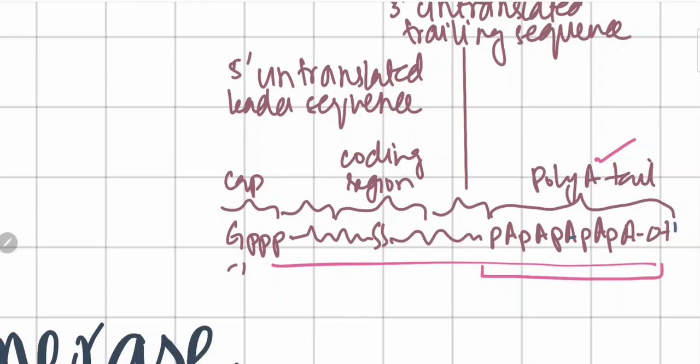Then there is a small coding region which has all the information that is transcribed from the DNA. We'll see how it's transcribed. This is the 5' end, and this is the 3' end. At the 3' end we have the poly A tail, and at the 5' end we have a cap. We will detail how this 5' cap and 3' poly A tail are created.